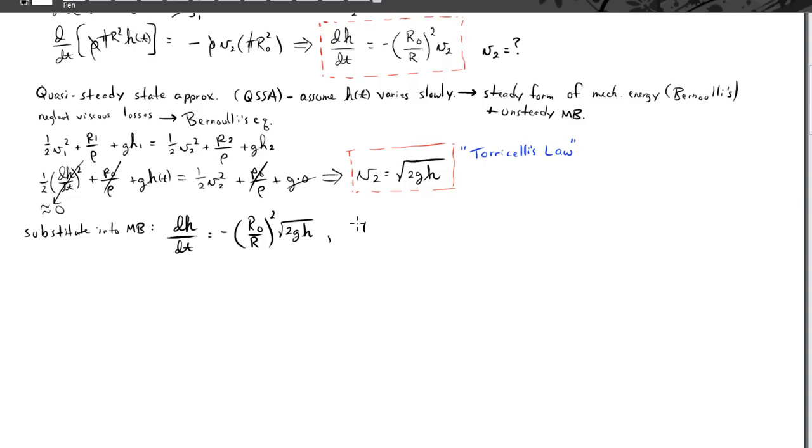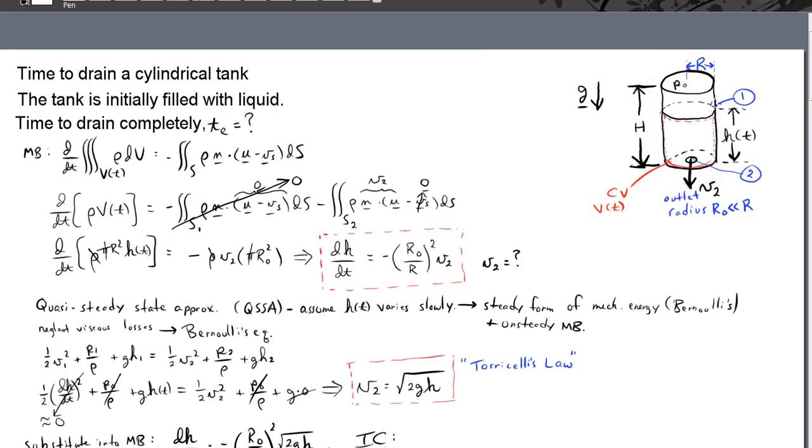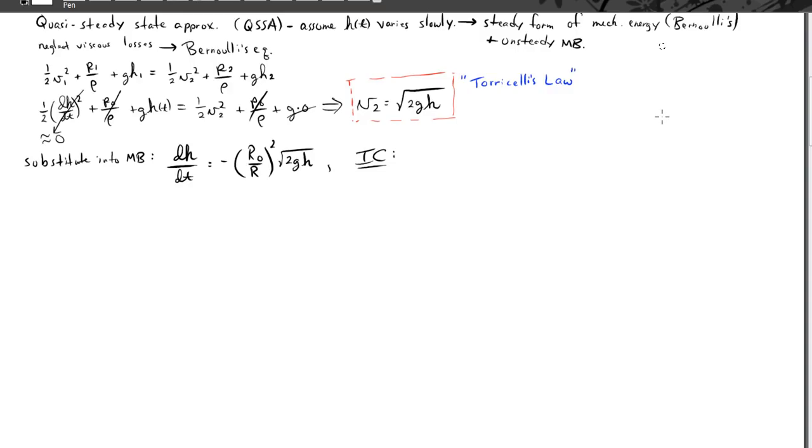We also need an initial condition. Initial condition is simply that at time equal to 0, the liquid occupies the entire cylindrical container. So liquid height h of t is equal to capital H at time equal to 0. So our initial condition, h at t equals 0, is equal to capital H. First order differential equation, one initial condition, well-posed problem, we can solve it.